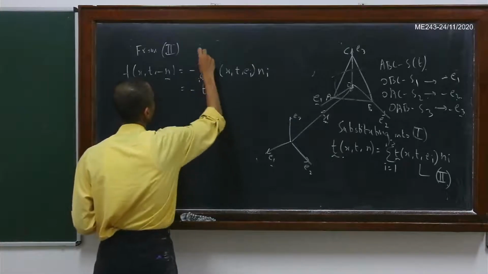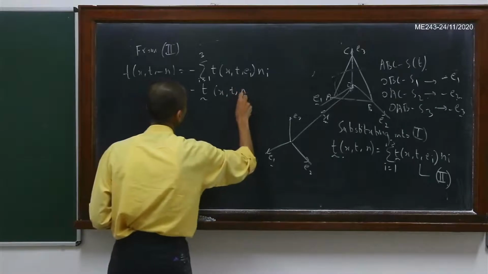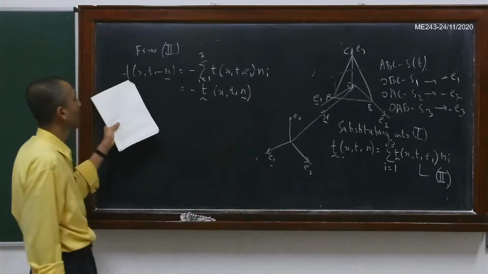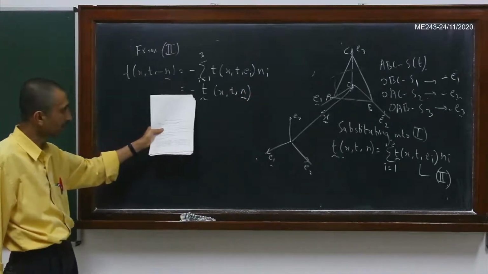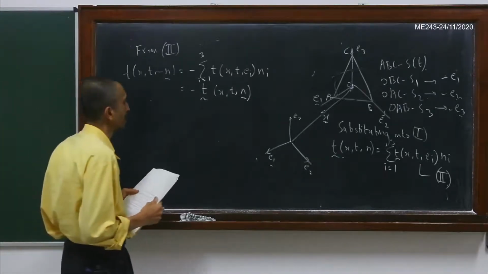This is i equal to 1 to 3. But this is nothing but minus T of x, t, n itself. So T of x, t, minus n is minus T of x, t, n. So this is nothing but the action and reaction principle basically.